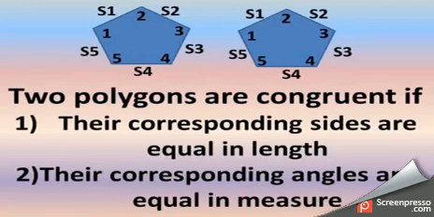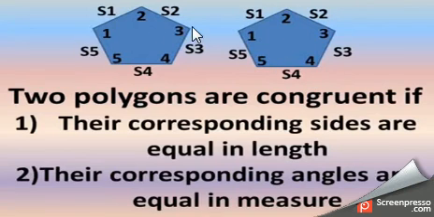Okay, now we will take the two conditions as in the school book. Two polygons are congruent if their corresponding sides are equal in length. Corresponding sides: side 1, corresponding side 1; side 2 in this polygon, corresponding side 2 in this polygon; side 3, corresponding side 3; side 4, corresponding side 4; side 5 equals side 5.